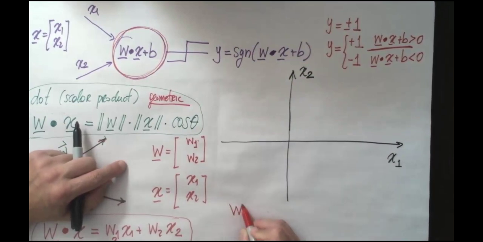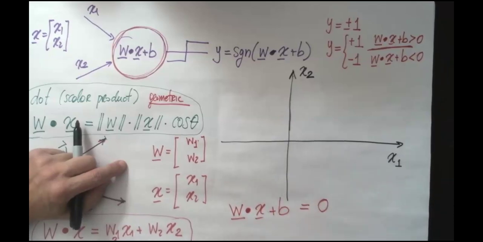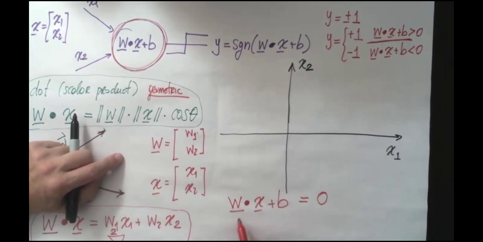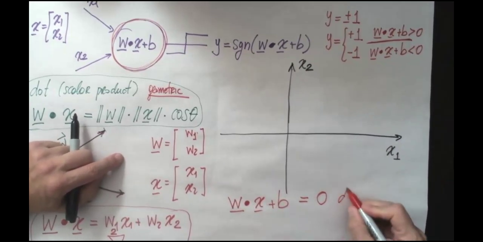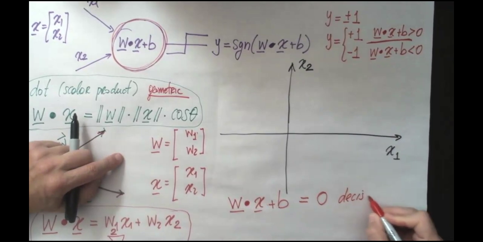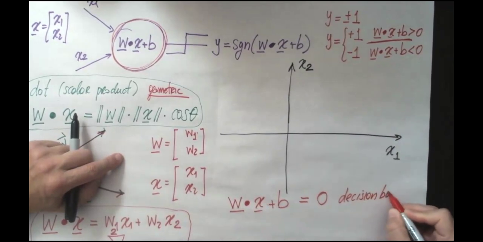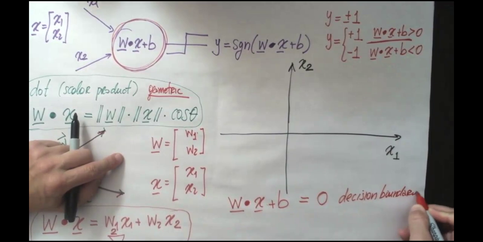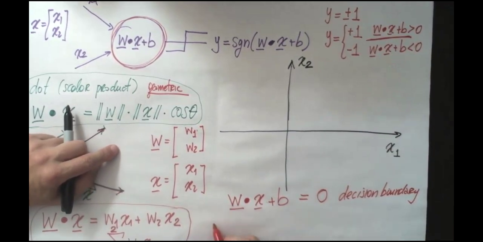So let's understand what this quantity is, w dot x plus b equal to 0. This is called the decision boundary. And what is that?